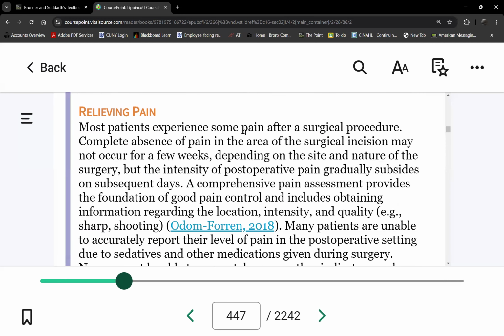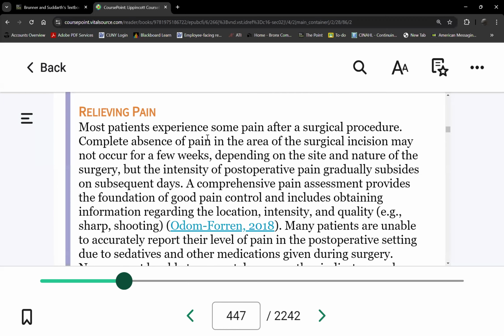Relieving pain would of course be not only for the patient's comfort, but also to encourage early ambulation. Now, unrelieved pain can also affect cardiac function. What dysrhythmia can occur with chronic pain or even with acute pain? Tachycardia, right?